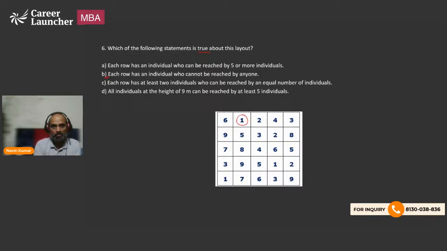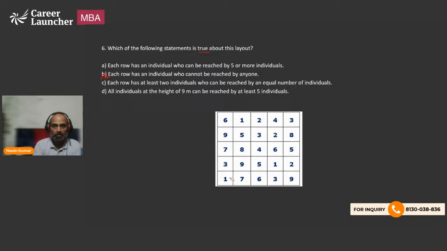So if you remember, we have this guy 1, we had this guy 2, we had this guy 1, we had this guy 1. And in the next one, in this particular row, everybody was able to be reached by someone or the other. Okay, so statement B is false, so this will not make sense.